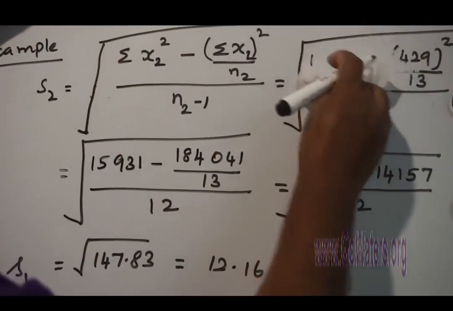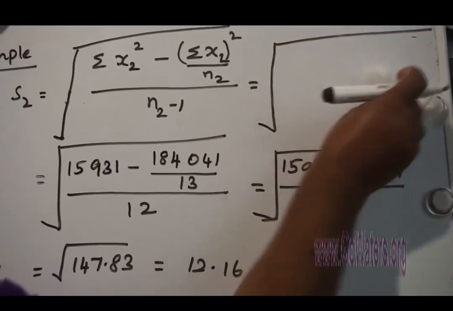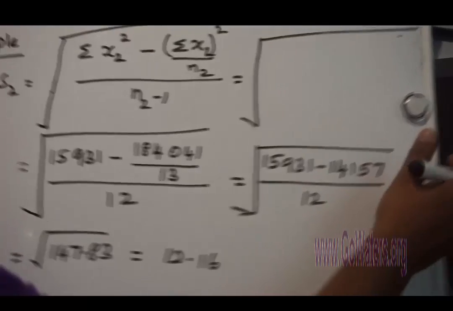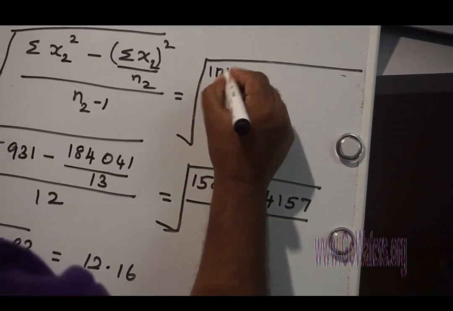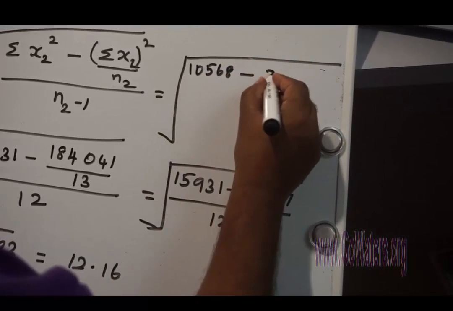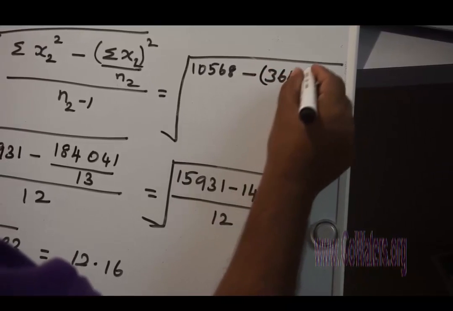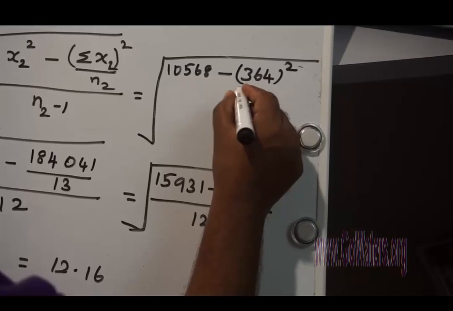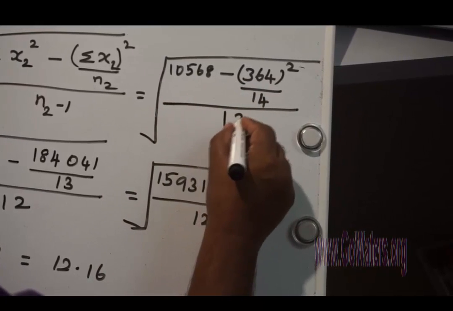The information needs to be arranged, so that is 10,568 minus 364 the whole square divided by 14, the whole divided by 13.